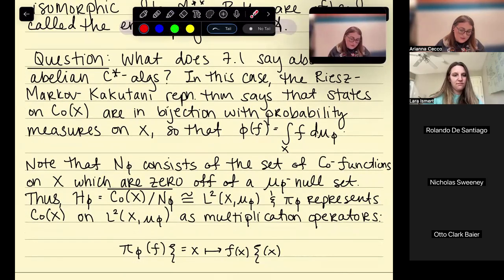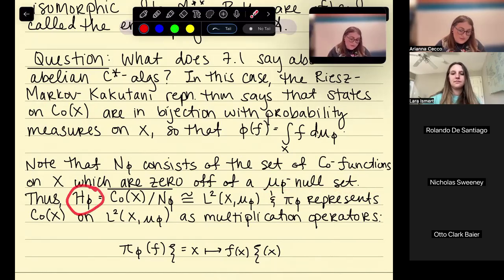In this case, this is what we're trying to make into a Hilbert space. We needed to mod out by those elements in n sub phi. For C0 of X, those elements consist of the C0 functions on X which are zero off of a mu sub phi null set.